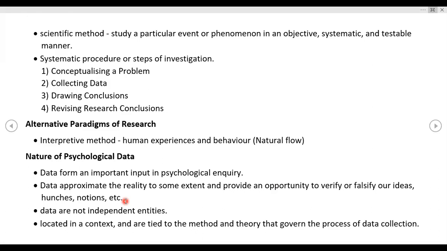Data are not independent entities. They will be depending on the person who is exhibiting the behavior, located in a context and tied to method and theory that govern the process of data collection. For example, in a study of classroom behavior, the context is the classroom.